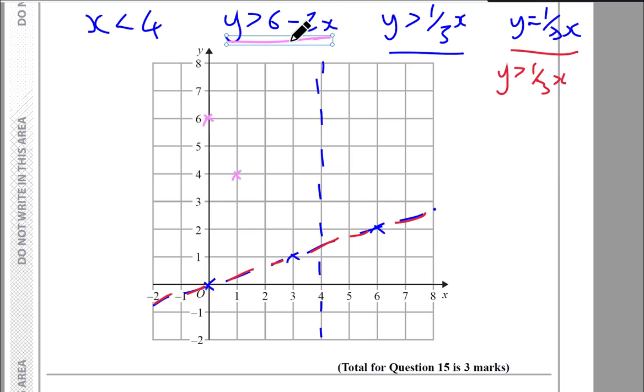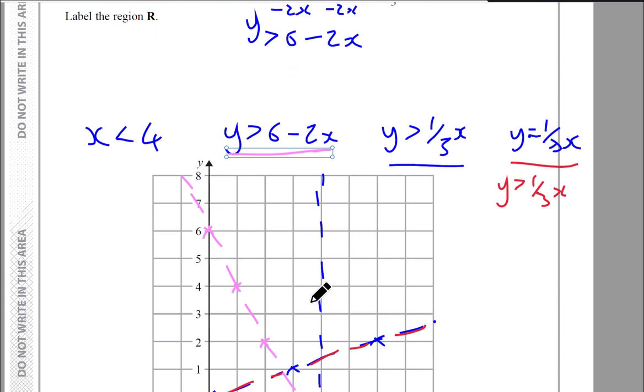When x equals 2, 6 minus 4, so that's 2, 2. And when x equals 3, that's 0. So I'm doing a dotted line there.